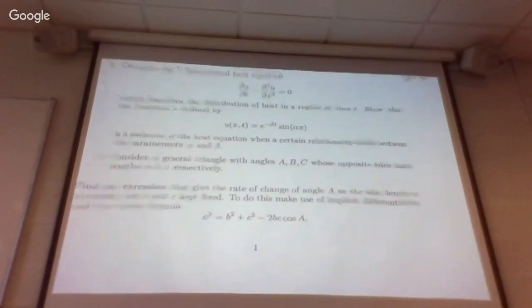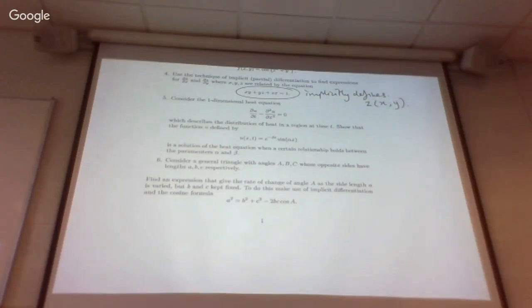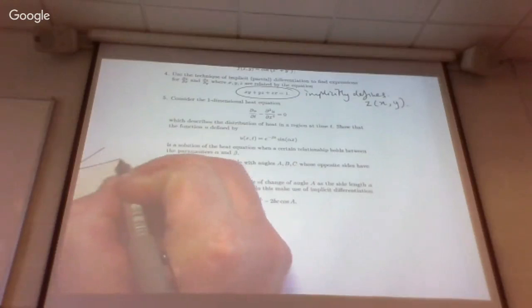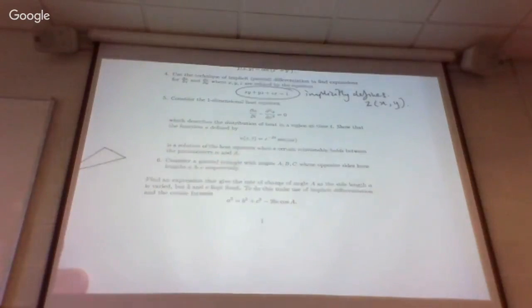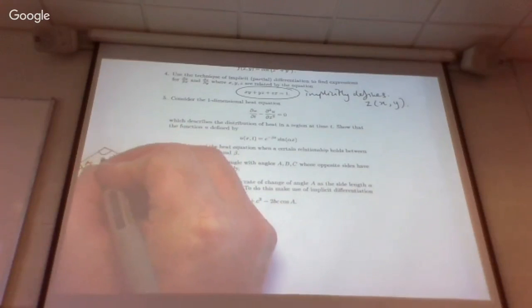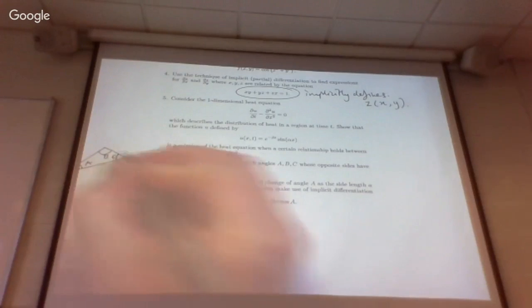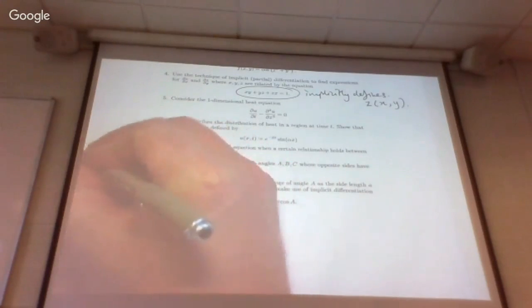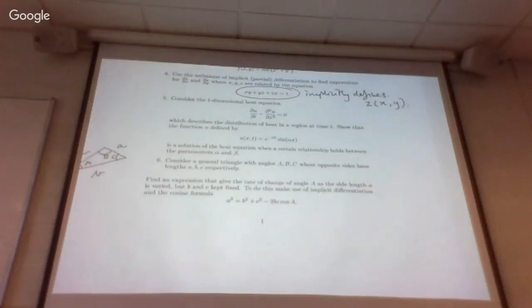And question 6 is more of a geometric one. There's a diagram to go along with this of just some kind of generic triangle. The angles are A, B, C here, and little a, little b, and little c are the lengths of the opposite sides.